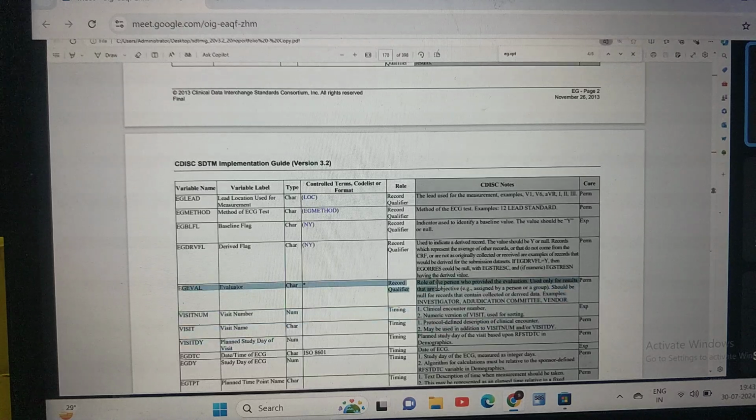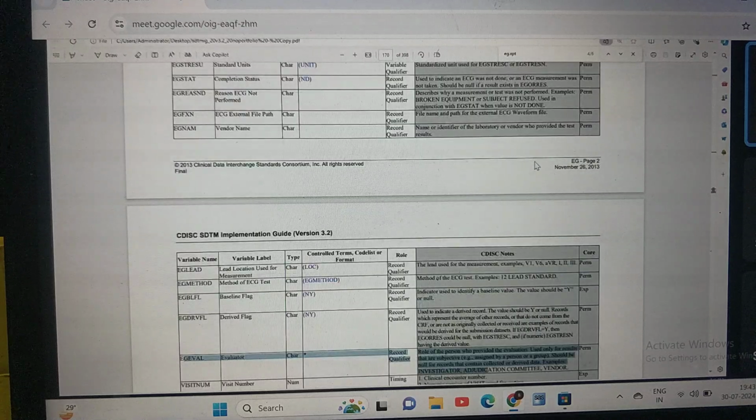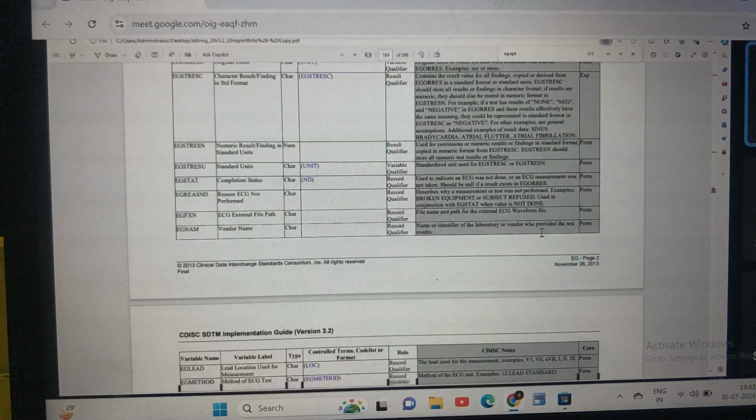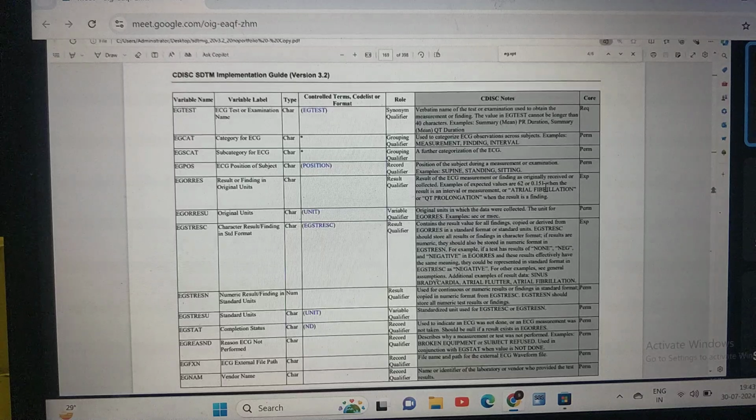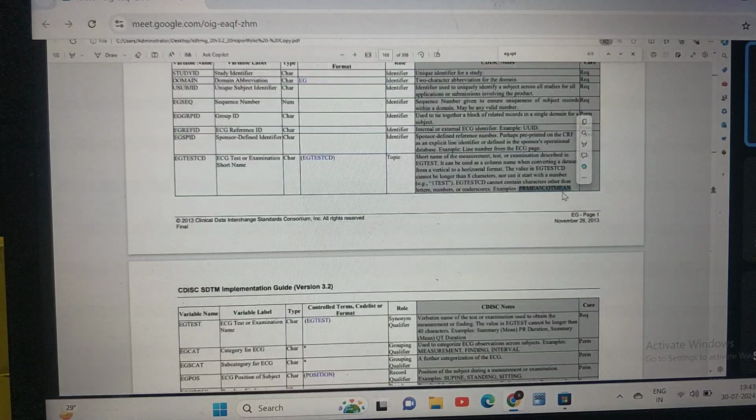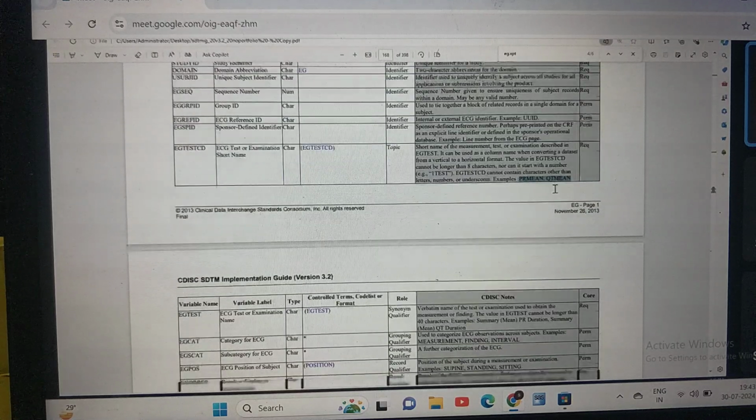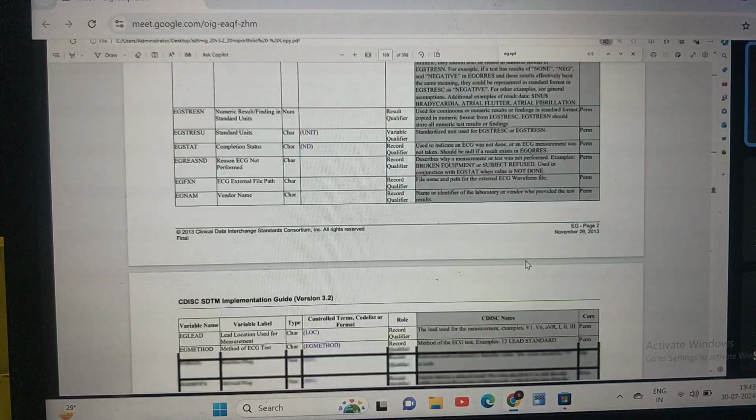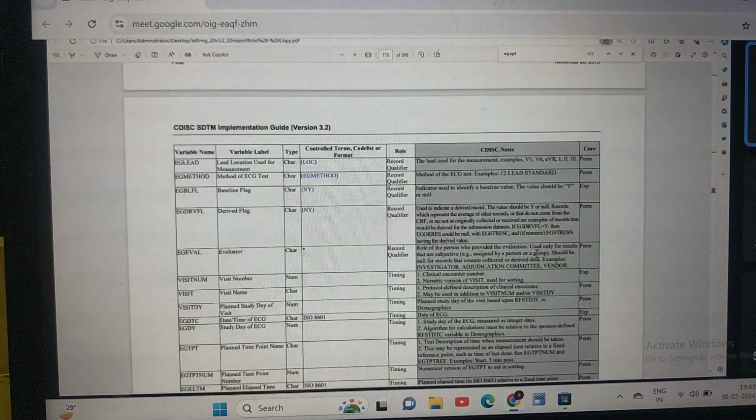Basically here also we are going to create one test code based on this. How are we going to create it? What we have seen so far in this ECG are a number of test codes like QT, QTcF, PR interval, these are some test codes, right? The doctor will investigate the overall results of these test codes and then provide his opinion.